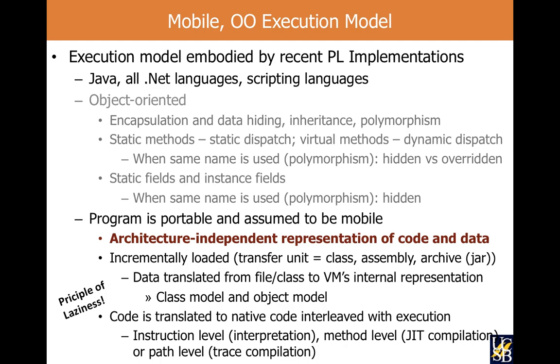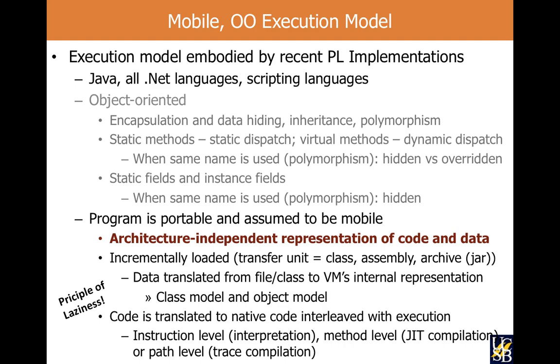The way this works is that we represent programs in compact but architecture independent representations of the program. This could be source, but typically it's binary. It's a compact representation of the source. The pieces of the program are typically incrementally loaded, so they can be loaded from different places.